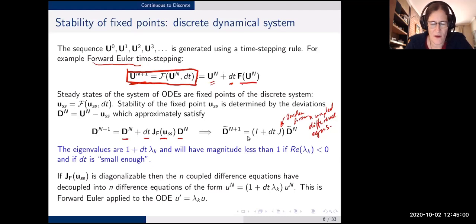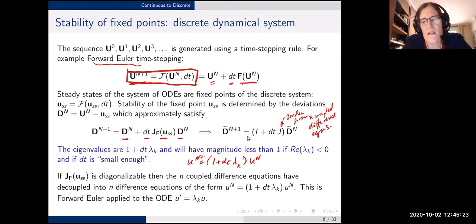And you realize that all you're looking at is a system of the form u_n equals 1 plus dt times the kth eigenvalue of the Jacobian. And so you see whether or not things decay to the steady state.